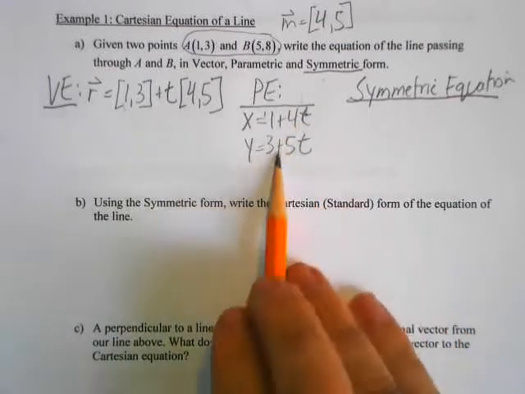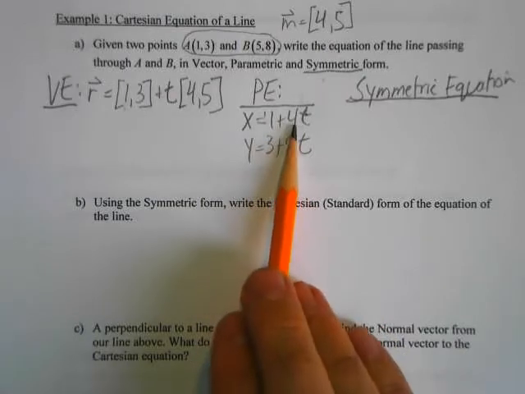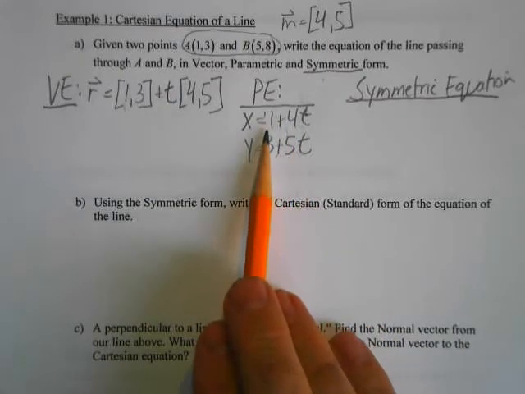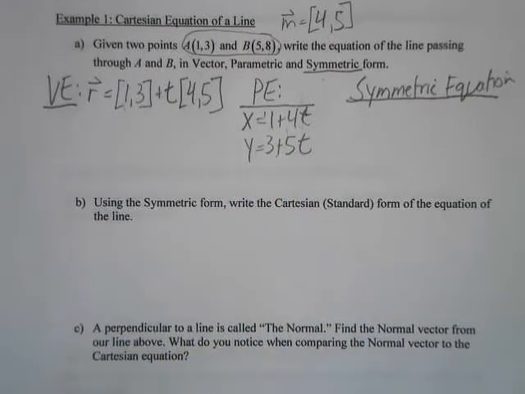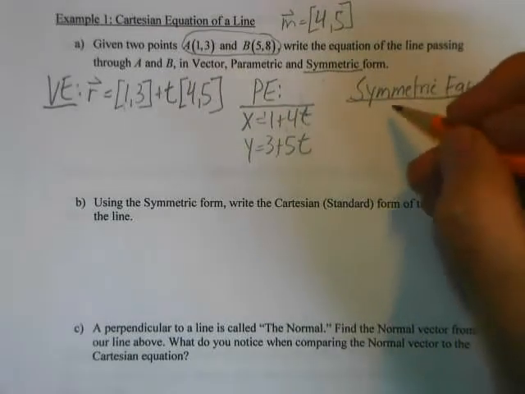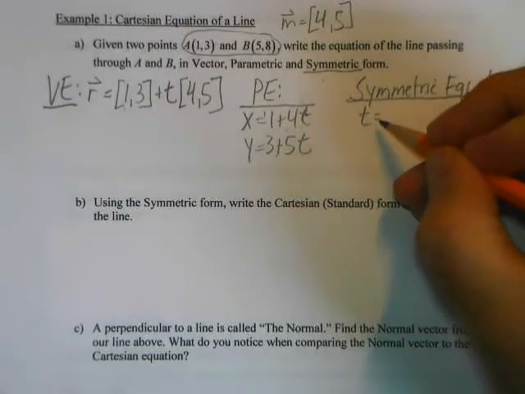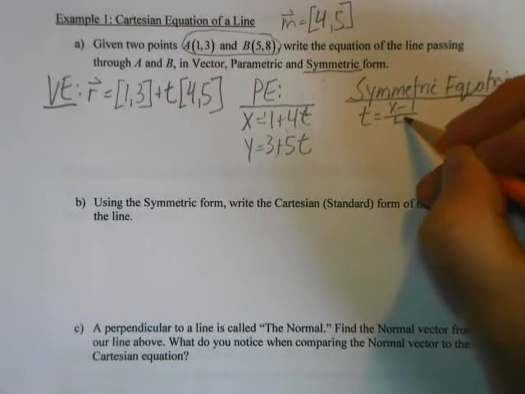In this case, I'm going to rearrange the first equation for t. The first thing I do is subtract 1 from both sides. x minus 1 equals 4t, and then divide both sides by 4, and I get t, because I'm isolating for t, is equal to x minus 1 over 4.